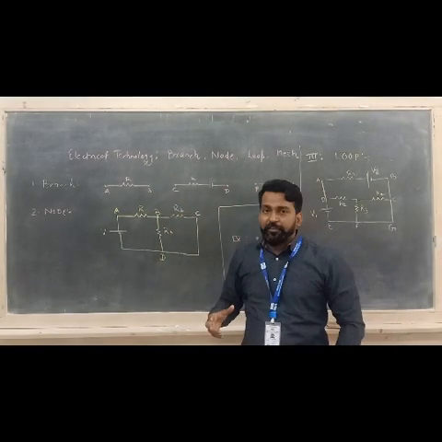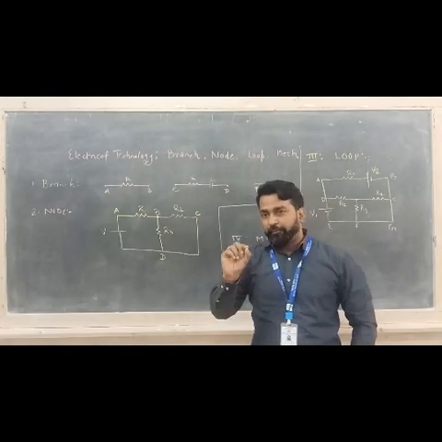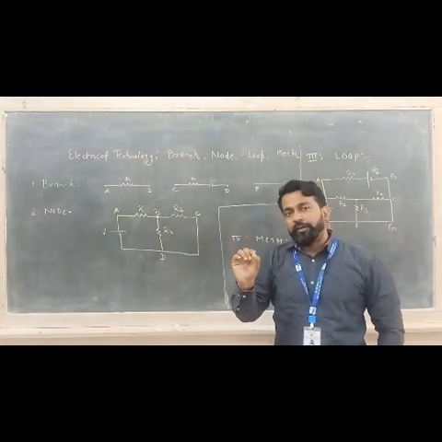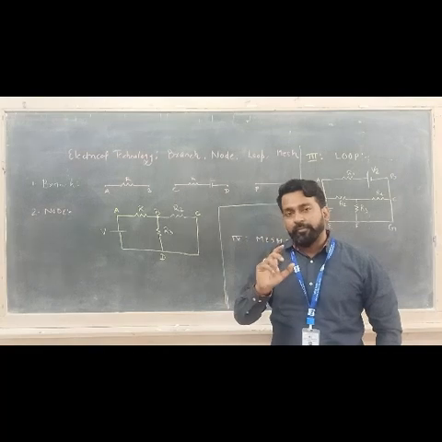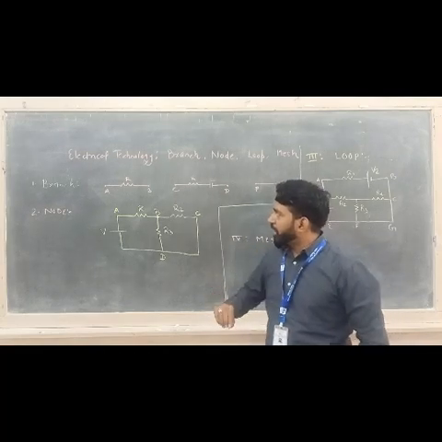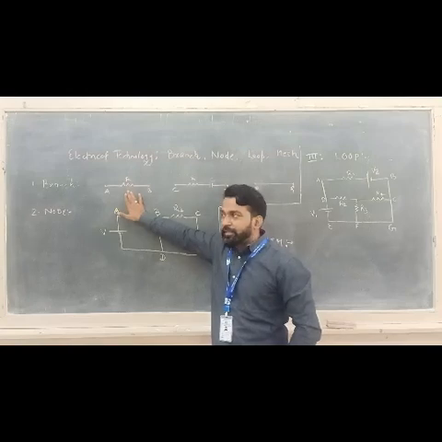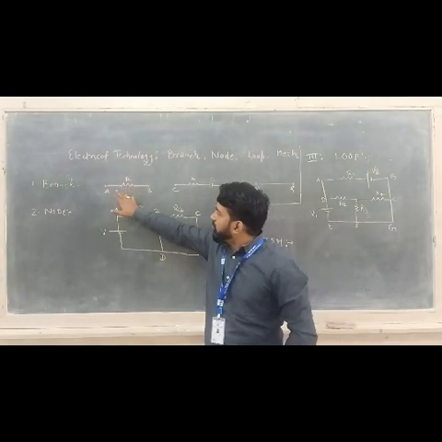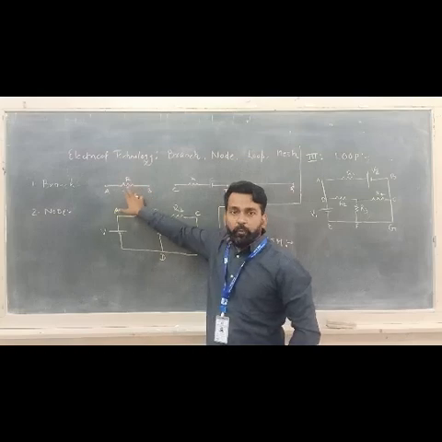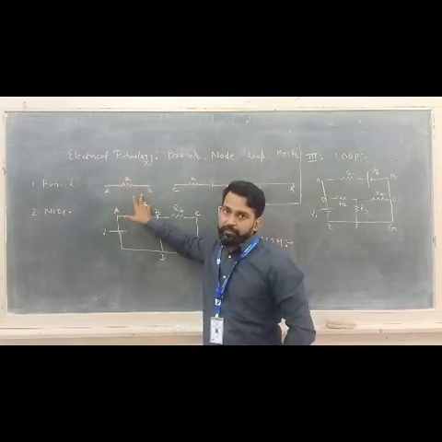Now as per the definition, if we connect one or more electrical components between any 2 points, it forms a branch. Using that concept, figure 1 is a branch. Why? Because between A and B we have connected one resistor. So AB is a branch.